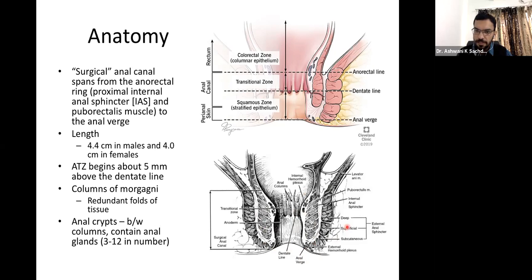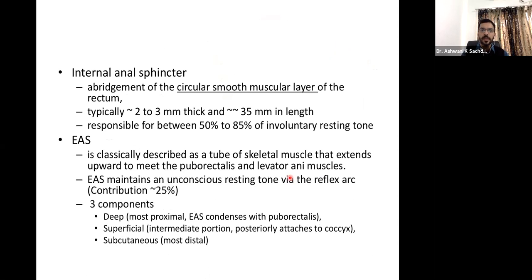Next, we'll read about the sphincter mechanism. The internal anal sphincter is a continuation of the circular smooth muscle layer of the rectum. The circular smooth muscle layer condenses to form the internal anal sphincter. Typically, it is 2 to 3 millimeters thick and about 35 millimeters in length, similar to the length of the anal canal, and it is responsible for about 50 to 85% of the involuntary resting tone.